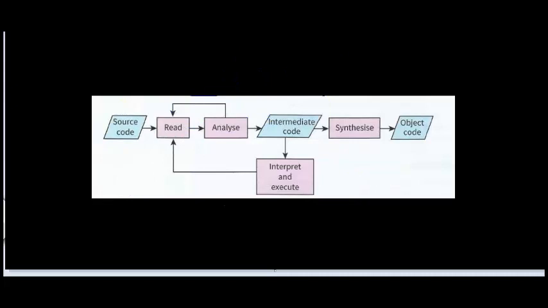Okay, let's quickly understand the difference between the compiler and the interpreter through this diagram. Once the intermediate code is generated for a single line, the interpreter is going to interpret and execute that code. The compiler will end up creating an object code, right? So this is the direction in which the compiler goes once the intermediate code is created.